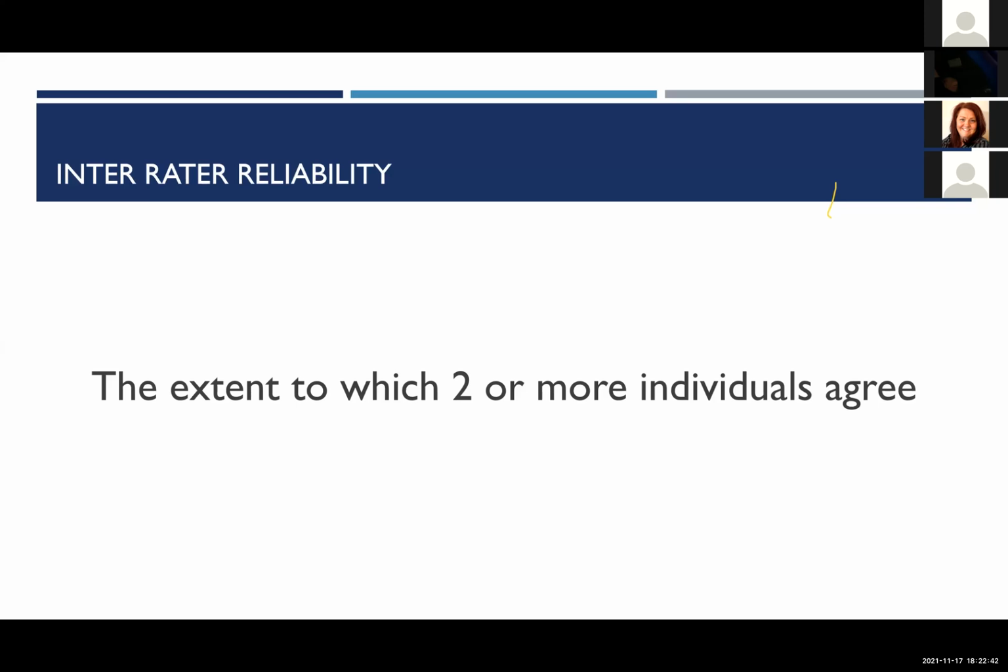Chances are inter-rater reliability has come up before. You've probably seen it in action and just maybe didn't know it. A great example that I can use outside of EMS evaluation is any sport that uses judges. Specifically, I'm going to give you the example of the Olympics. During an Olympic event, scoring relies on human observers, and those observers have to maintain a tremendous degree of consistency between them.